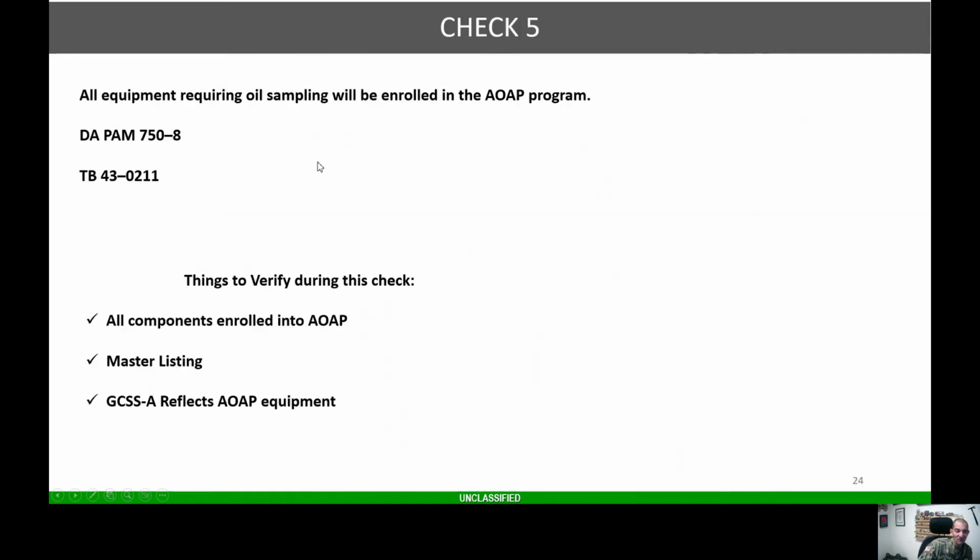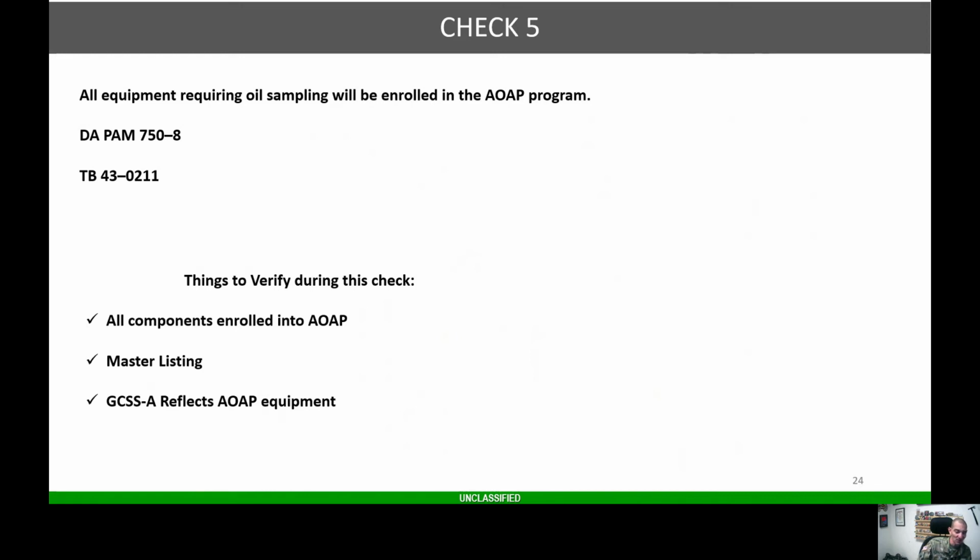Check 5: all equipment requiring oil samples will be enrolled in the AOAP program. Things to verify are: are all components enrolled? Is there a master listing on file? Does GCSS-Army reflect AOAP equipment? What I mean by that is if you look on your equipment SIP, you may look all the way to the right and it does not say if it's enrolled in AOAP.